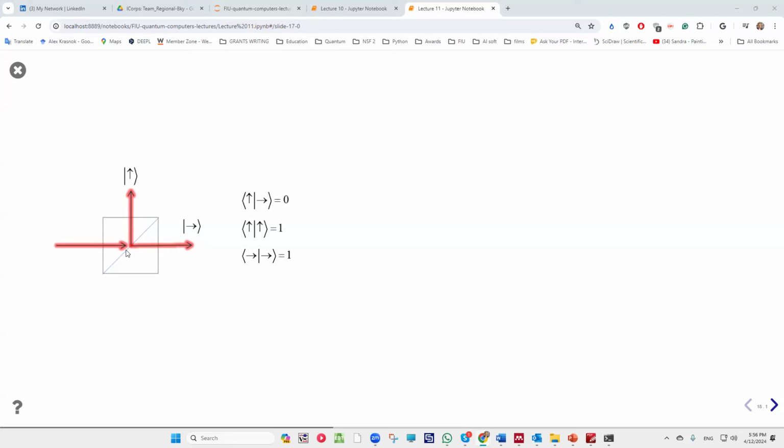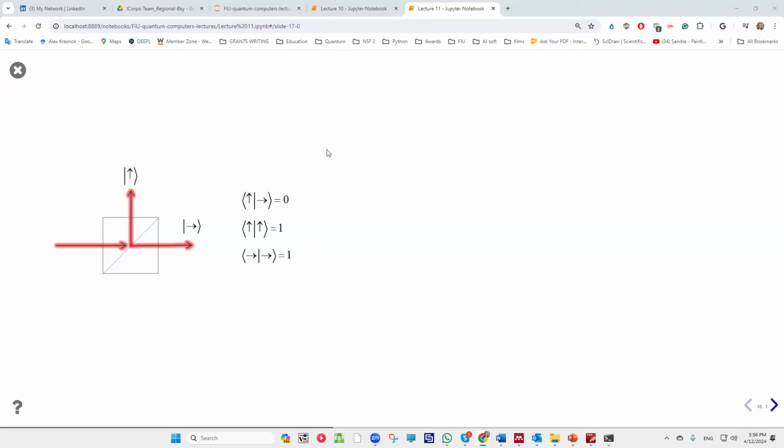So this line says that the beam can bounce off from this surface and go vertically, or propagate through the beam splitter in the horizontal direction. Accordingly, we can encode this vertical state by this basis state arrow up and horizontal direction by arrow right.